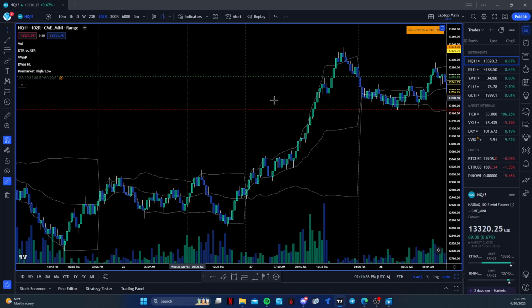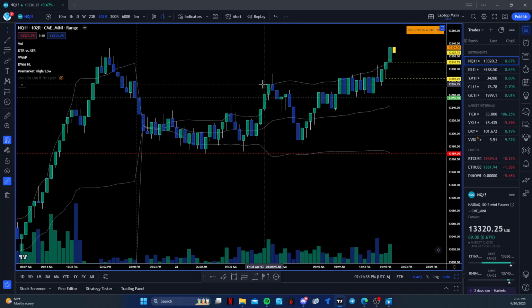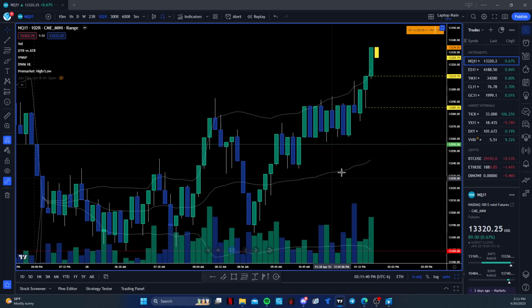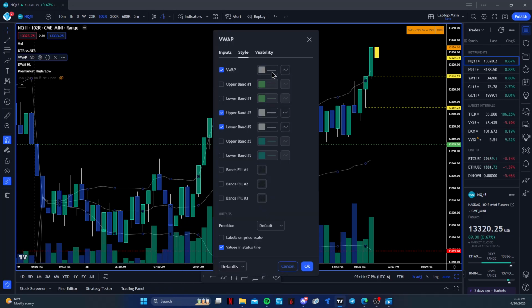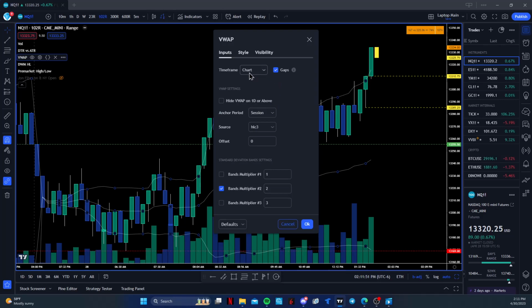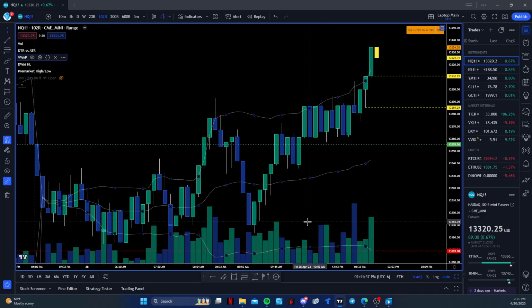I have been using VWAP and its bands, so they're just these little white squiggly lines here. You got VWAP, and then the second standard deviation band is what you want to use. So I got VWAP, upper band 2, lower band 2. The inputs are from the chart, and high, low, close 3 is the source. And yeah, that's what I've been using.